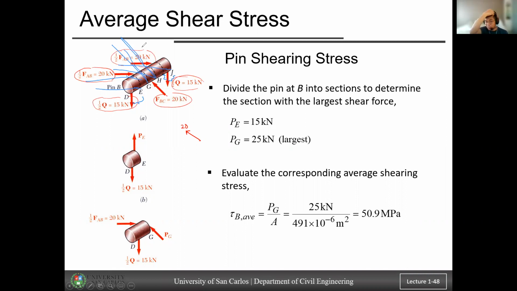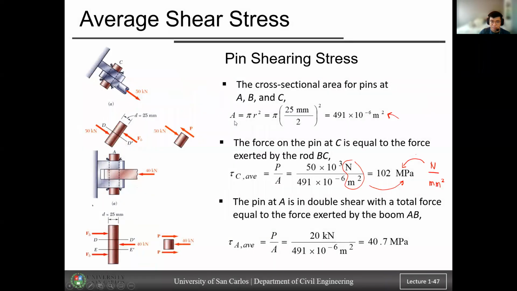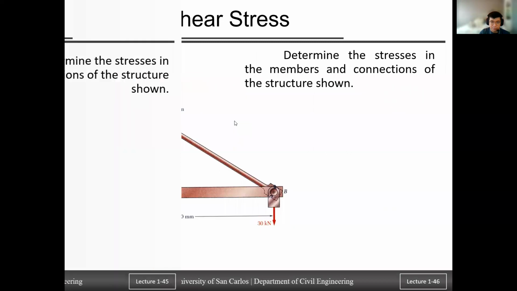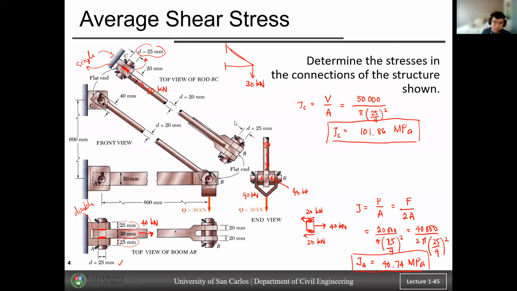So maglibog siya tanaw, no, but again, if you try to look at it on the top view, maginani ang dagway niya, di ba?